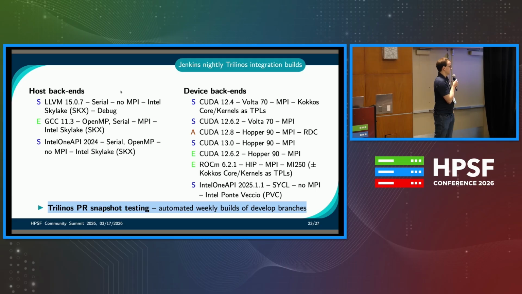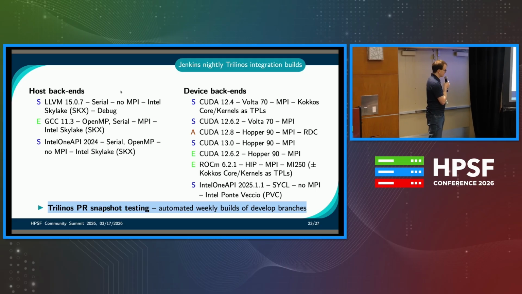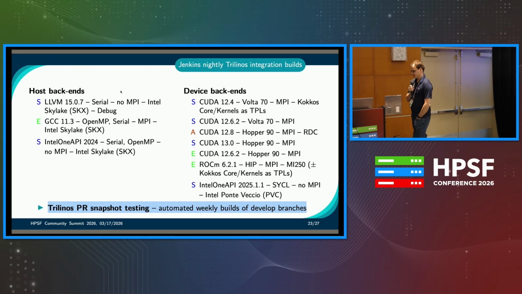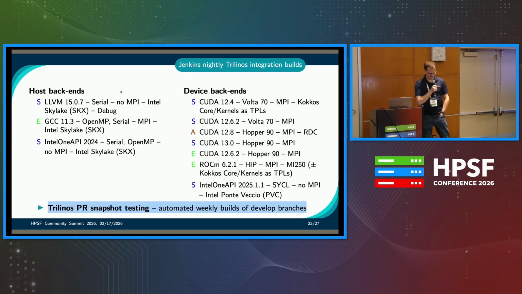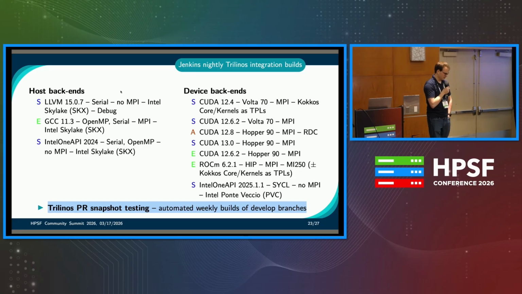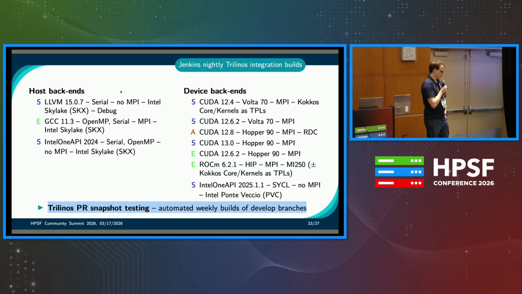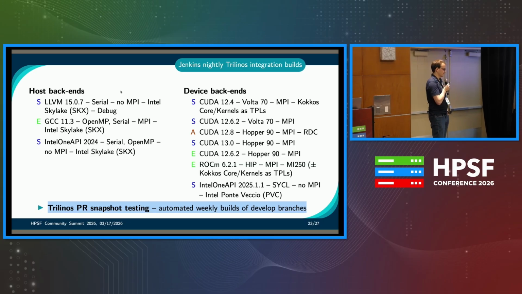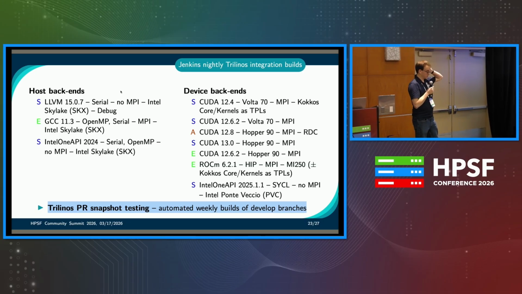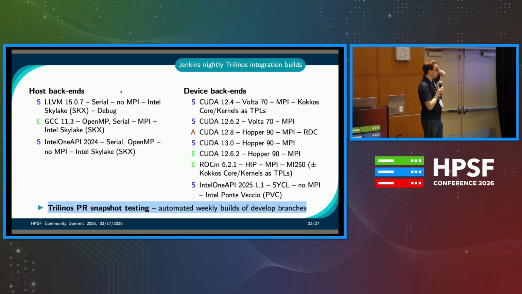On top of all of that, we have snapshot testing, which is a little bit different from the nightly testing, in that we just plug it in to Trilinos in the Trilinos repository as a pull request itself, which allows some more extensive testing.